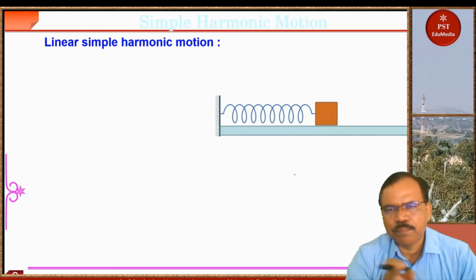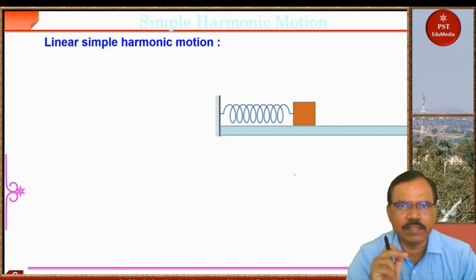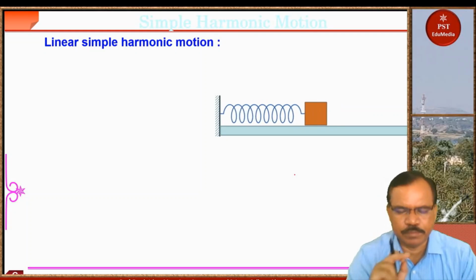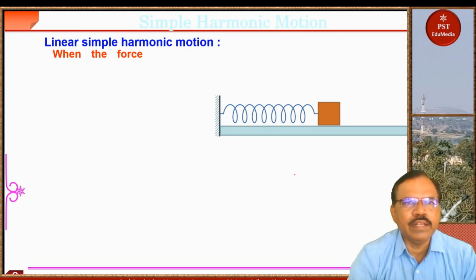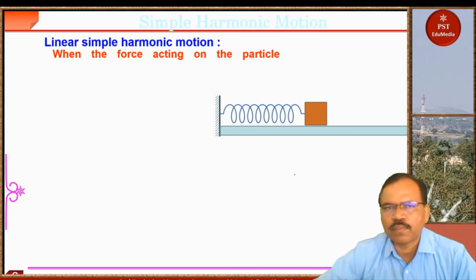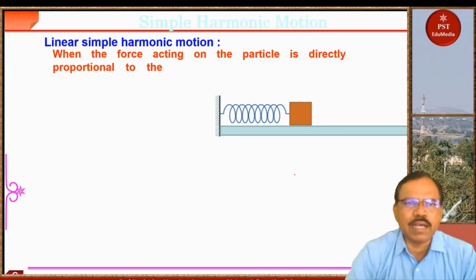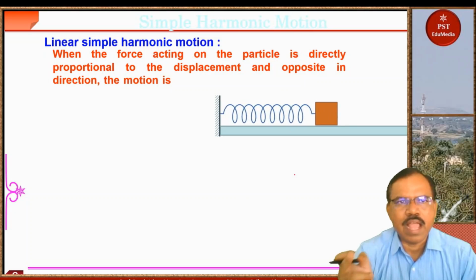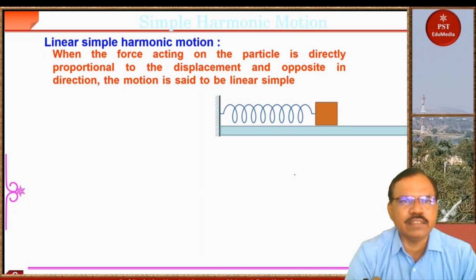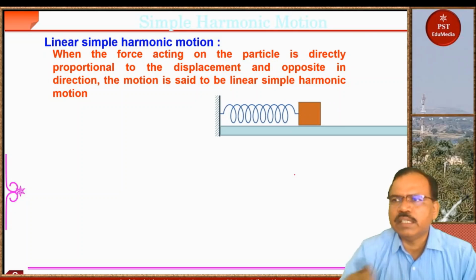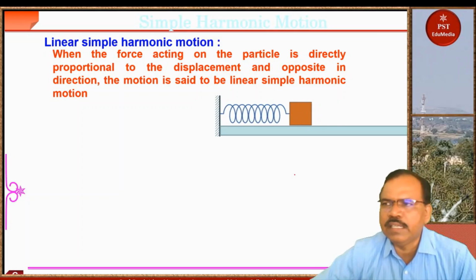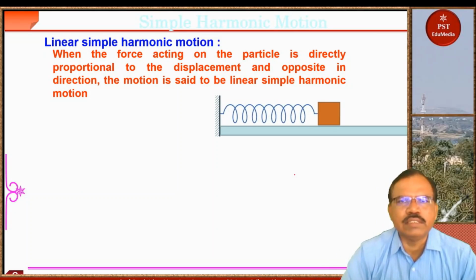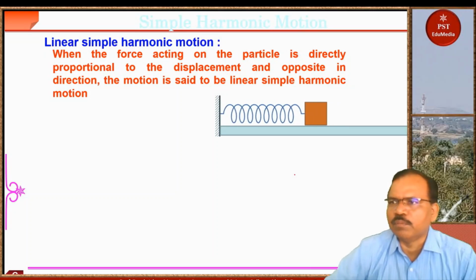When that mass is moving along a straight line, that motion is called linear simple harmonic motion.